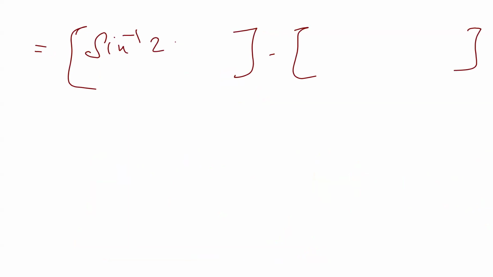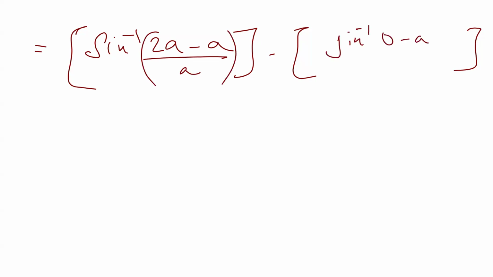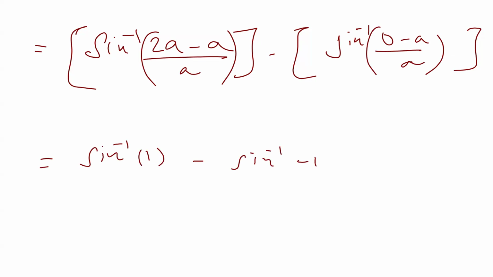Sine inverse of (2a minus a) by a, minus sine inverse of (0 minus a) by a. So this is equal to sine inverse of 1 minus sine inverse of minus 1.